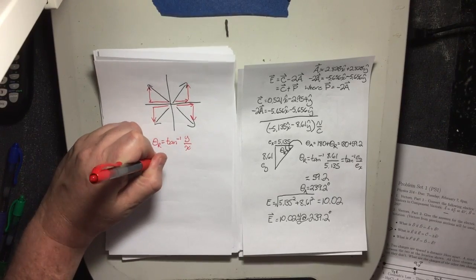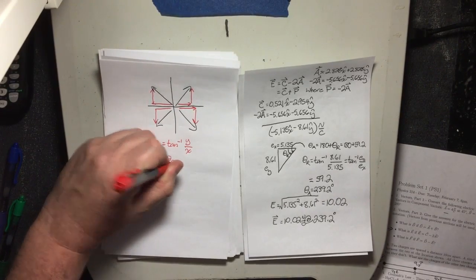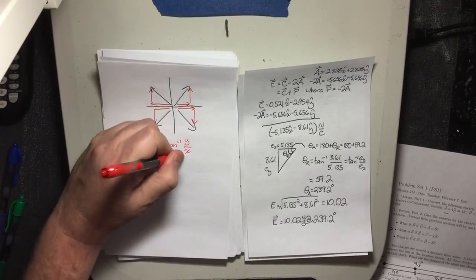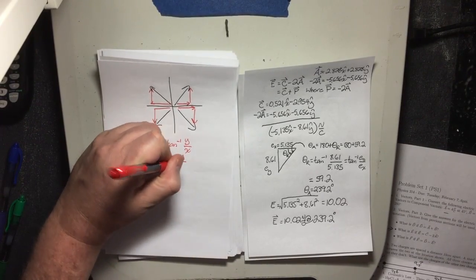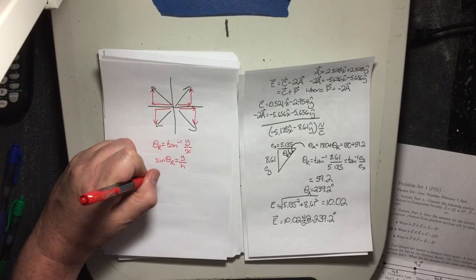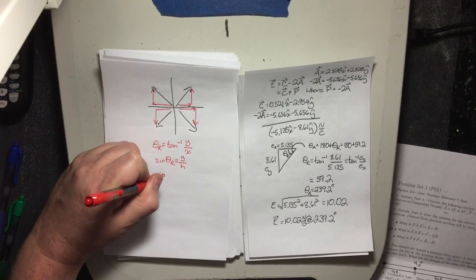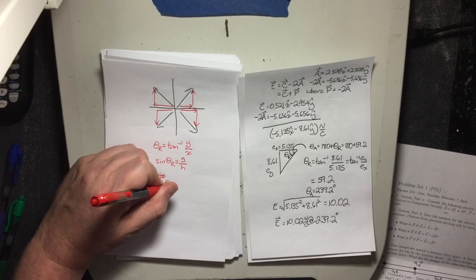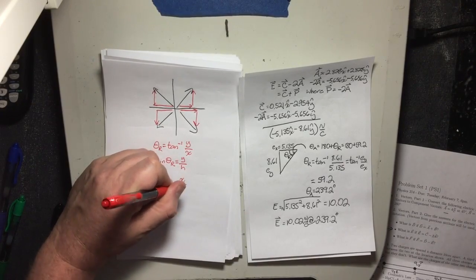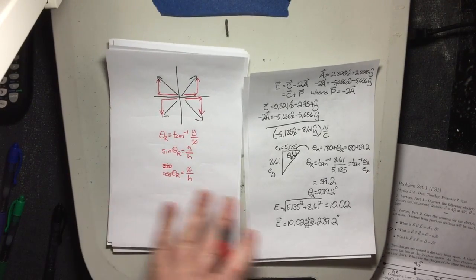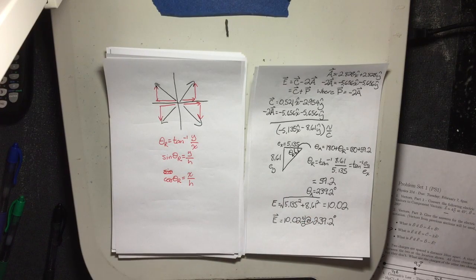And you can always say that the sine of theta r is the opposite, or y, divided by hypotenuse. And the cosine of theta r is always the x component divided by hypotenuse. If you move y then x, it flips things around. So what I remember is that I always draw x then y.